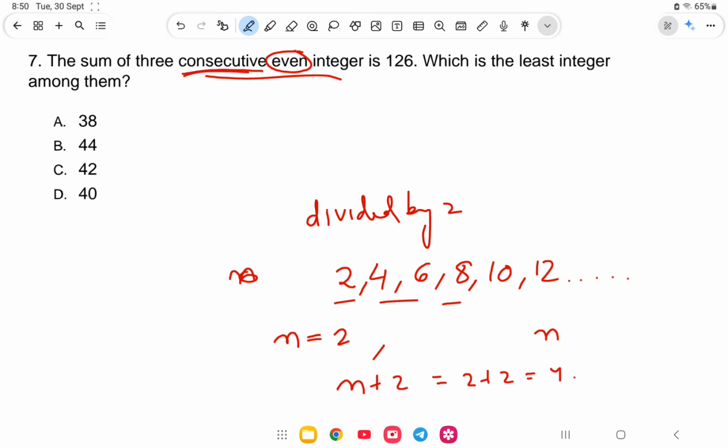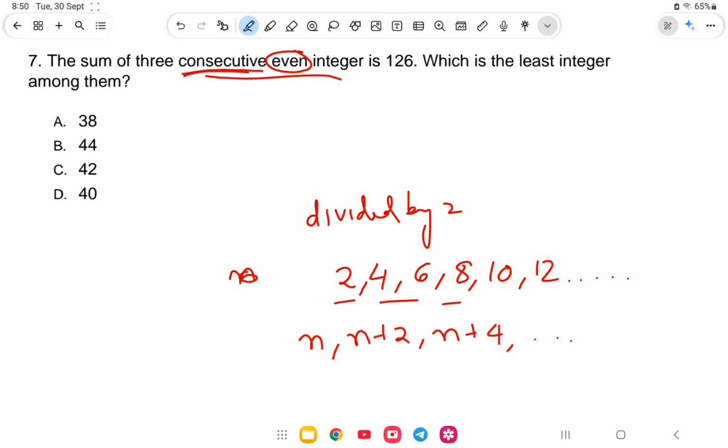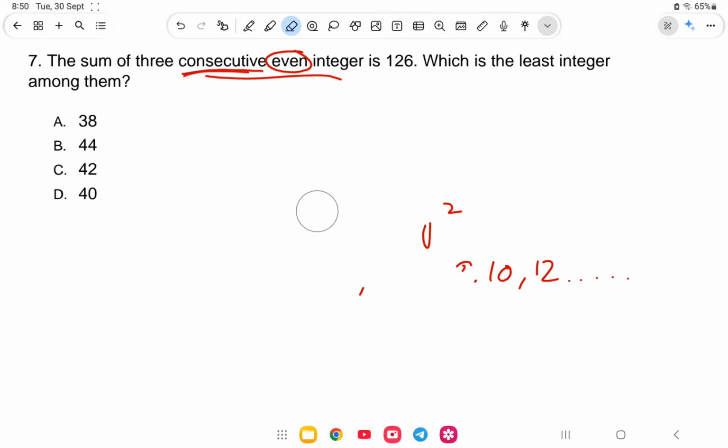Next n plus 4, that is 2 plus 4, which is 6. So consecutive even integers we can denote mathematically by n, n plus 2, n plus 4 and so on. So I hope you got this, consecutive integers and consecutive even integers.